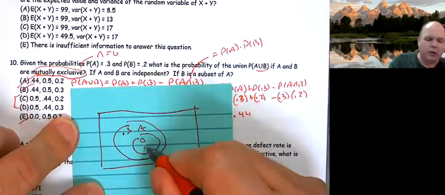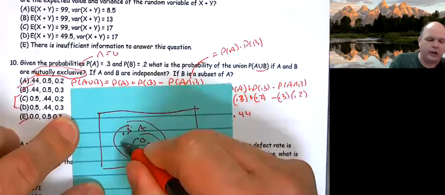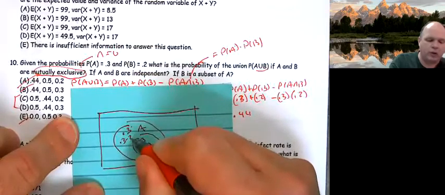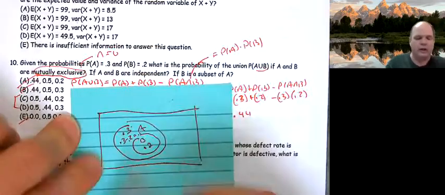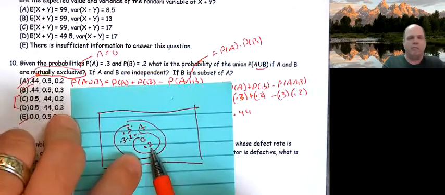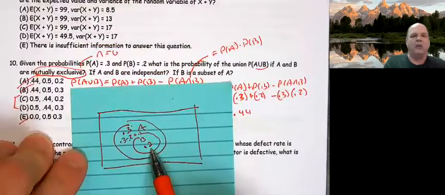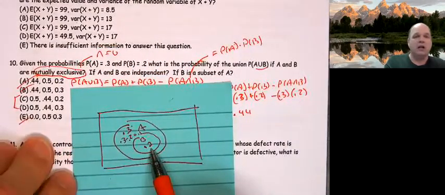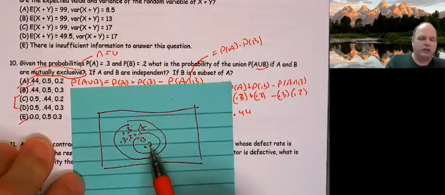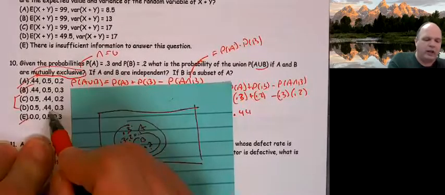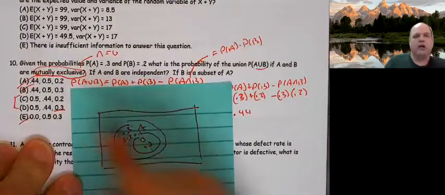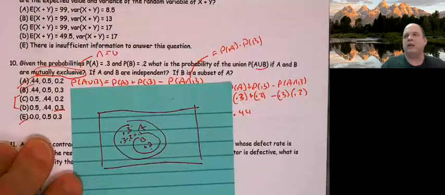Well, this would make this 0.2. So this area out here is going to be 0.3 minus the 0.2, which is 0.1. But basically the 0.2 of B is contained completely in there. So A union B in this case is just going to be the same as A. So A union B would be exactly the same as A.